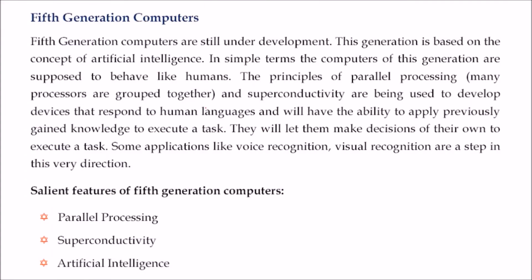Then the fifth generation computers, which are still under development. These are based on AI, artificial intelligence. We want computers to act, work and behave like a human. This would involve the principles of parallel processing and superconductivity, so that they can understand human language, use the experiences which a human being has, and make decisions on their own.